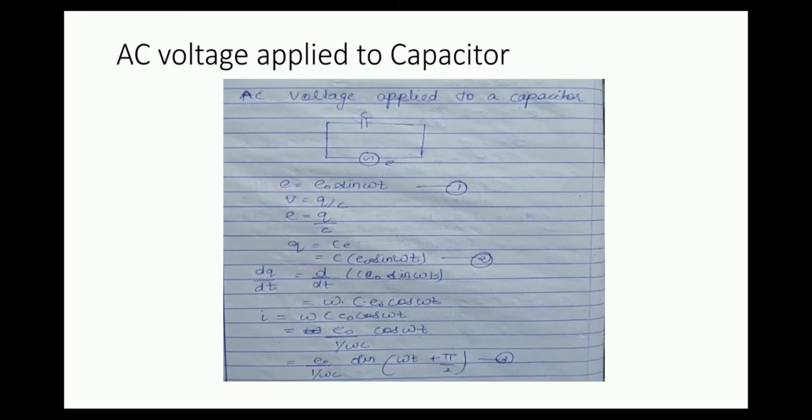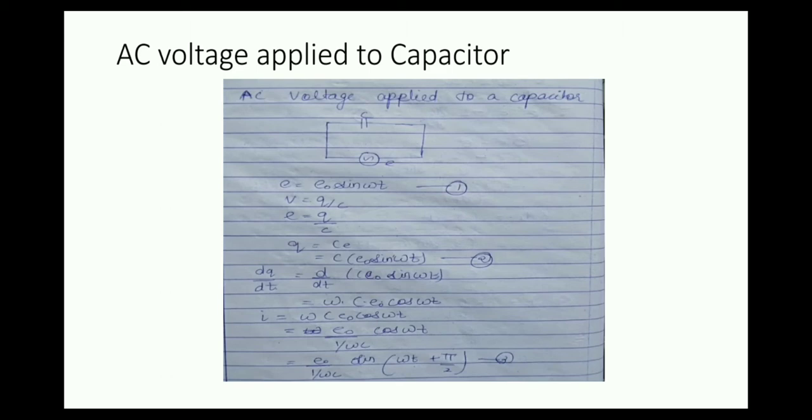Differentiating both sides of equation 2 with respect to t, we get dq by dt equals d by dt of C into E0 sine omega t, which equals omega C into E0 cos omega t, as the constant comes out of the differentiation. So I equals omega C into E0 cos omega t, equivalent to E0 upon 1 by omega C into cos omega t.